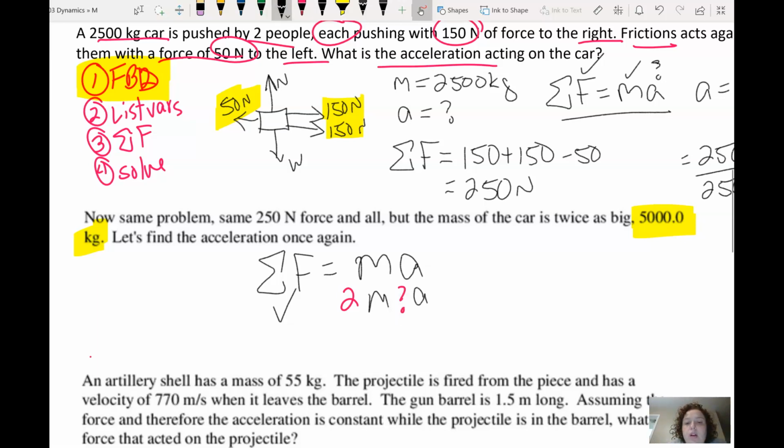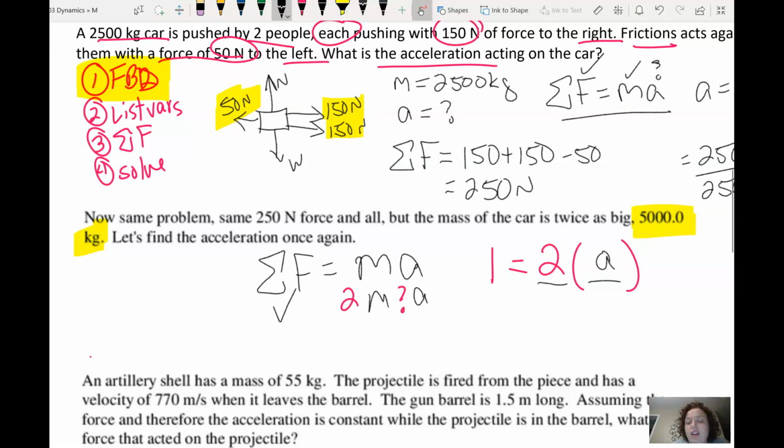This is how I do these problems. Whatever stays the same gets the 1. So we've got 1, and we have two variables in here. What are we going to do to the mass? We're going to double it, and we have to figure out, what do I have to do to the acceleration?